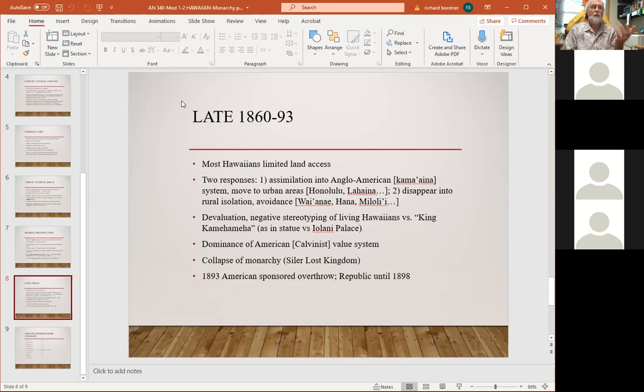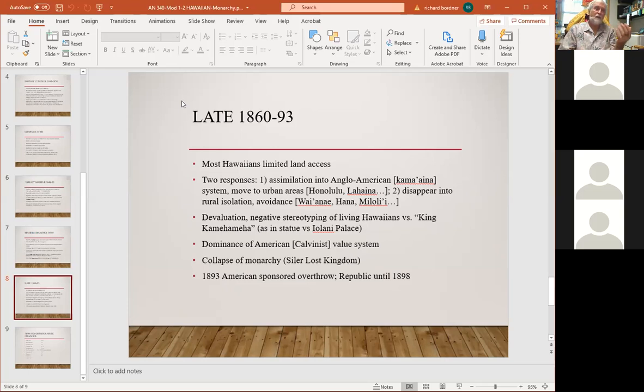If you ever want to read this, I'll give you the citation. Seiler's Lost Kingdom is a superb work that she did a couple of years ago, looking at the fact that the collapse of the monarchy is really between these two value systems and the fact that they were mutually antithetical. They couldn't exist in the same place at the same time because they didn't see the other as being legit.